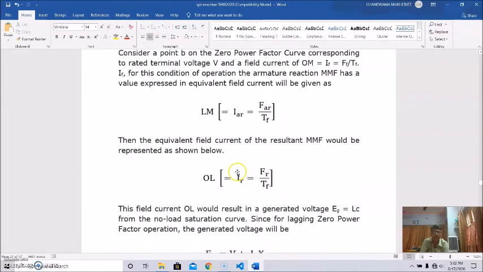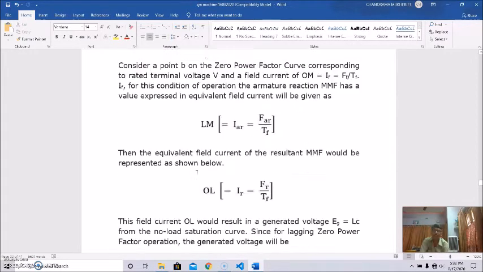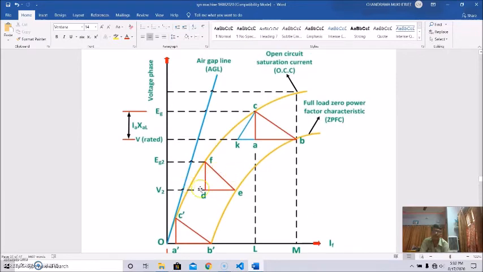So basically, to get this, the armature current is of the same value, so both IA XAL voltage and the armature MMF must be of the same value. Therefore, for all conditions of operation with rated armature current at zero lagging power factor, the Potier triangle must be located between the terminal voltage V, a point on the ZPFC, and the corresponding EG point on the OCC. So basically, for any voltage, this will be on the terminal voltage of ZPFC, and this is on the EG on the OCC.